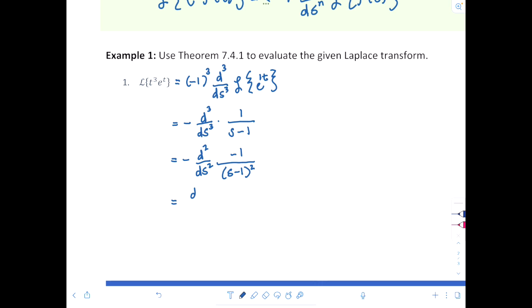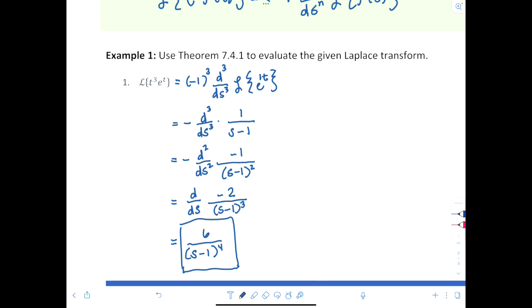So differentiating again, we will have negative 2, because that's our power, over s minus 1 cubed, and then 6 over s minus 1 to the fourth. Groovy? All right, perfect.